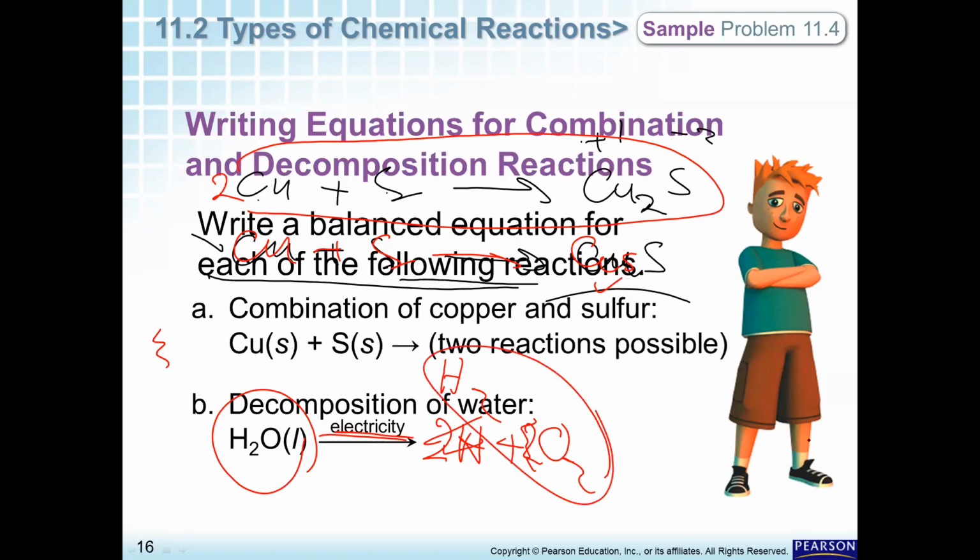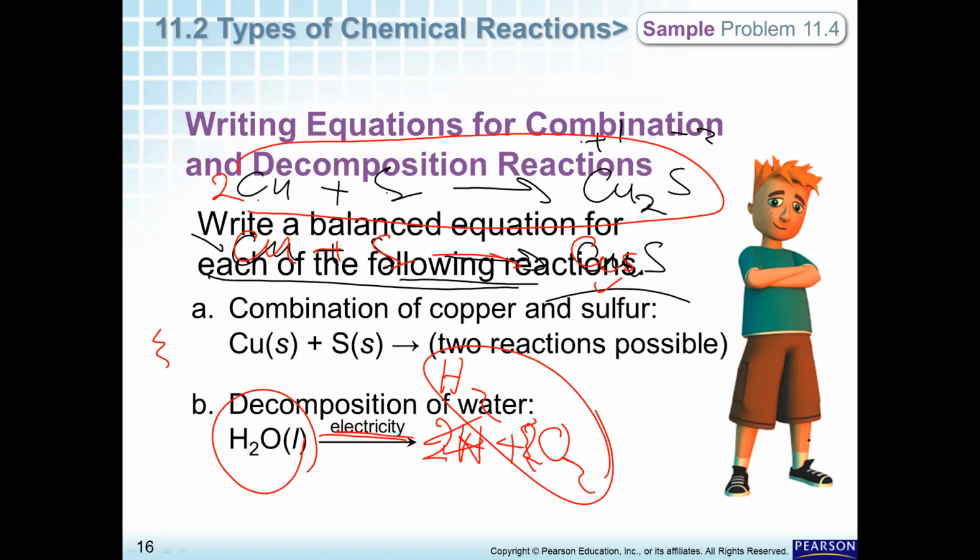You guys, your problem is that you don't pay attention to what was said before. A hundred thousand times we said that hydrogen, oxygen, nitrogen and all the halogens exist as diatomic molecules. There is no such thing as oxygen as O or hydrogen as H, unless it is H plus in solution whenever we're dealing with acid. But as a gas it has to be H2 and O has to be O2. So H2O makes H2 and O2.